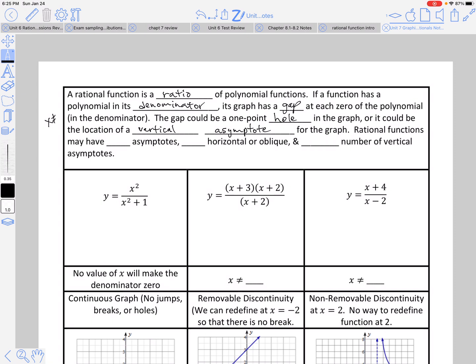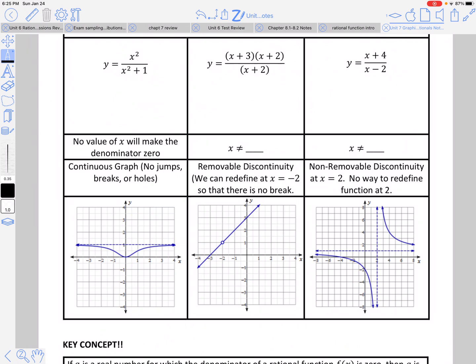All right, rational functions may have no asymptotes. It's possible that there's no gaps. They may have one horizontal or oblique. So vertical up and down, horizontal left to right asymptotes, and any number of vertical asymptotes. It could have many, okay?